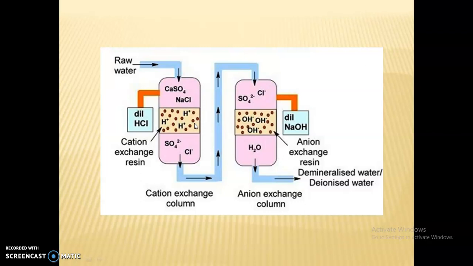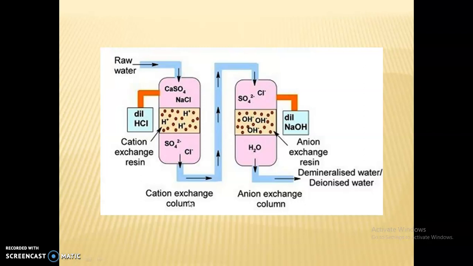After some time, by passing water through this cation exchange column, most of the cations responsible for hardness will be taken up by the cation exchange resins. But the problem is not yet solved. We have to remove the anions also. So what do we have to do?